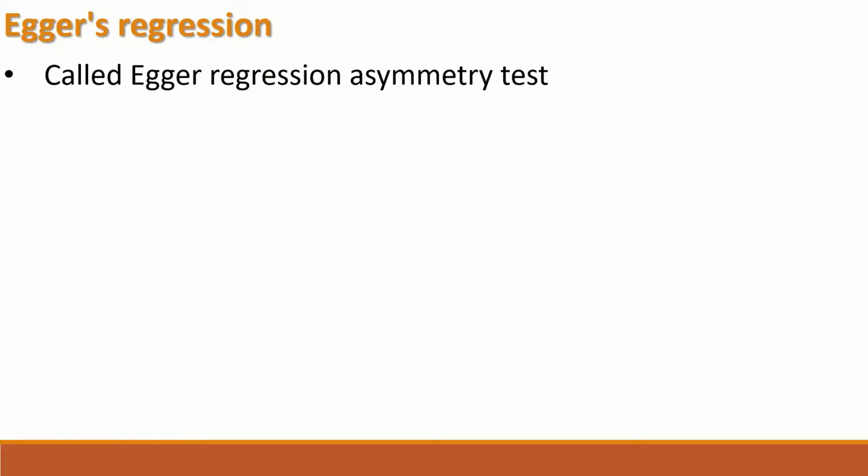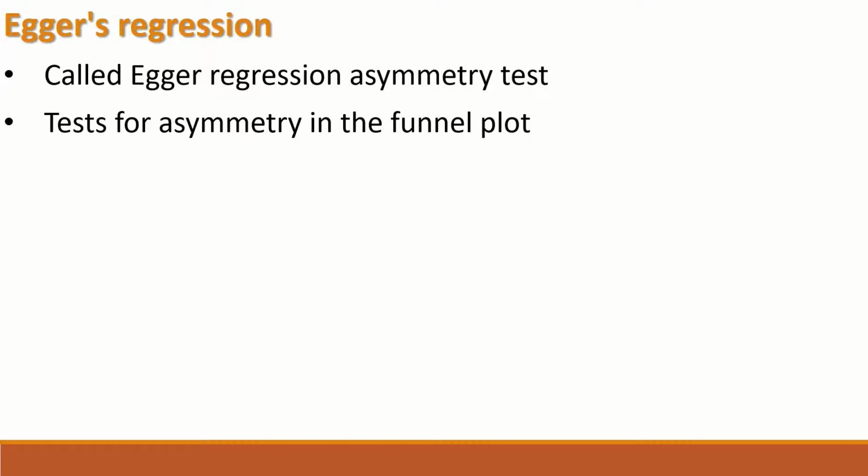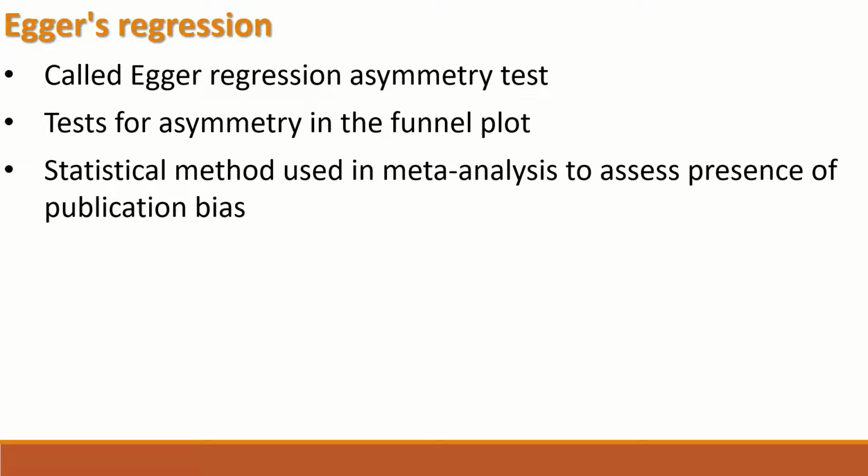This test is called Egger's regression asymmetry test because it tests for asymmetry in the funnel plot. So it is a statistical method that is used in meta-analysis to assess for publication bias.